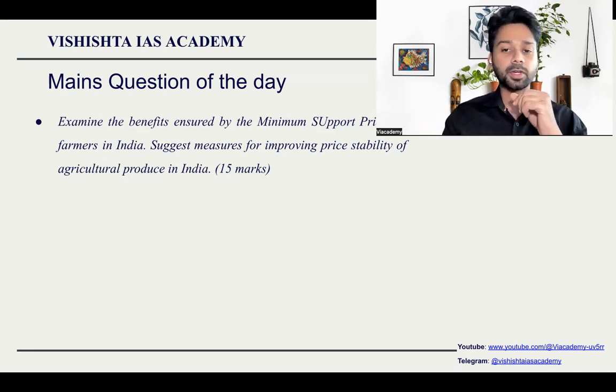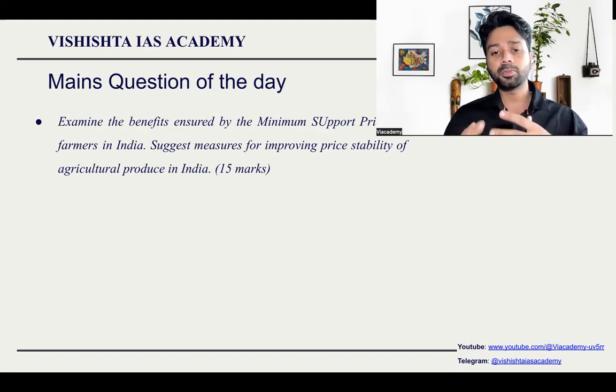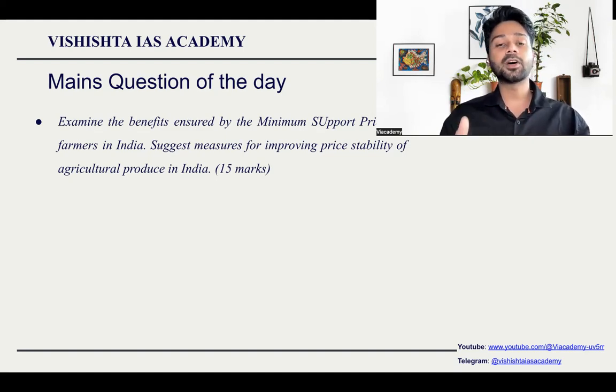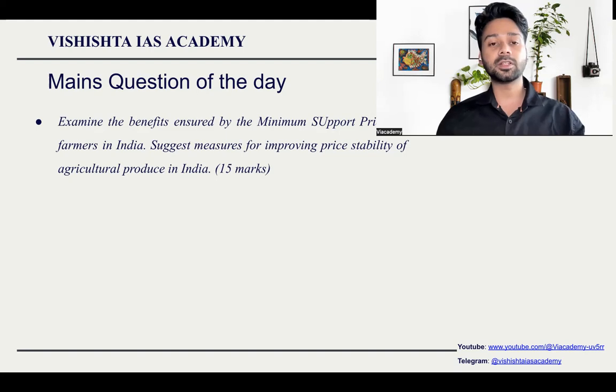Suggest measures for improving price stability. The problem with Indian agriculture is, even though we are providing minimum support price to farmers, it doesn't ensure that agriculture will develop in the country, because as per the MSP regime we give a fixed revenue to farmers, but that doesn't mean farmers will increase the scientific productivity of their land.